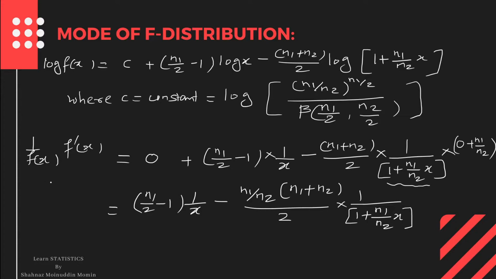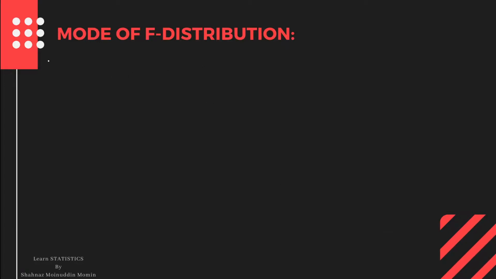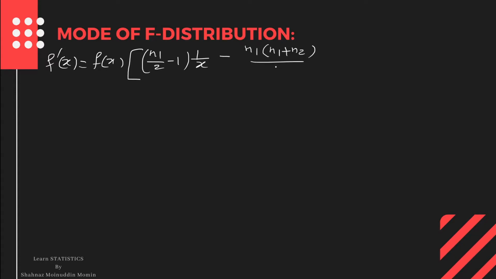Now f dash x is equal to f of x into the bracket (n1 upon 2 minus 1) upon x minus n1 into (n1 plus n2) divided by twice n2 into 1 divided by (1 plus n1 upon n2 x).